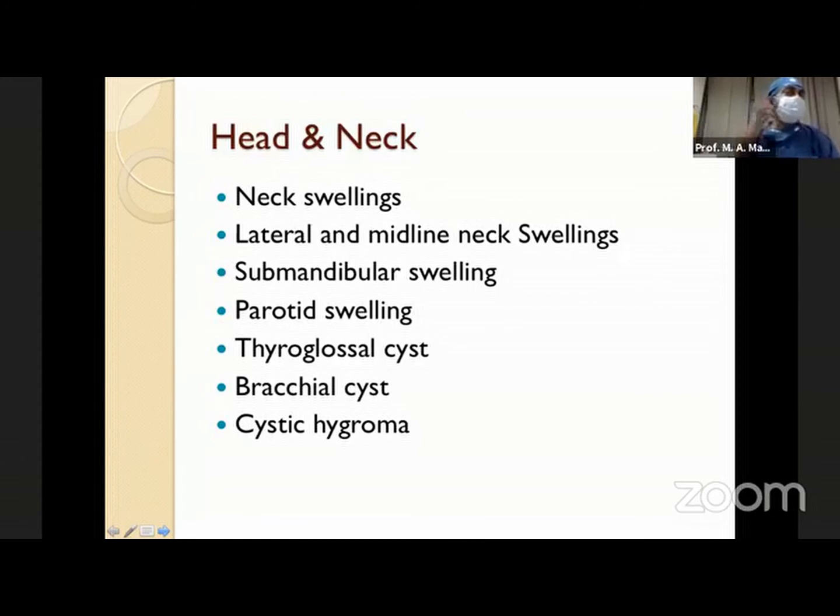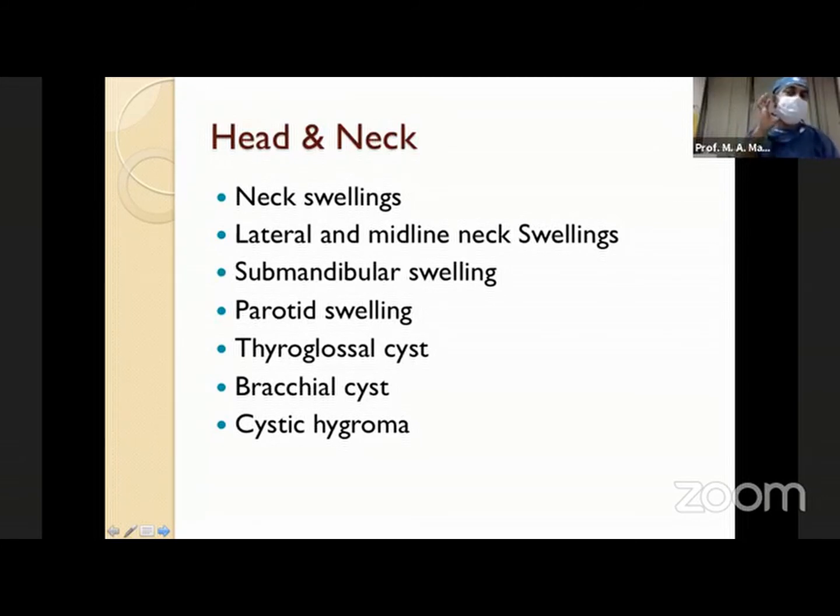For lateral neck swellings, starting from here, there are the cervical lymph nodes along levels 1, 2, 3, 4, and 5. Here, a very soft, fluctuant cystic swelling, sometimes present at birth, is a cystic hygroma. A cystic swelling around the anterior triangle is called a branchial cyst.